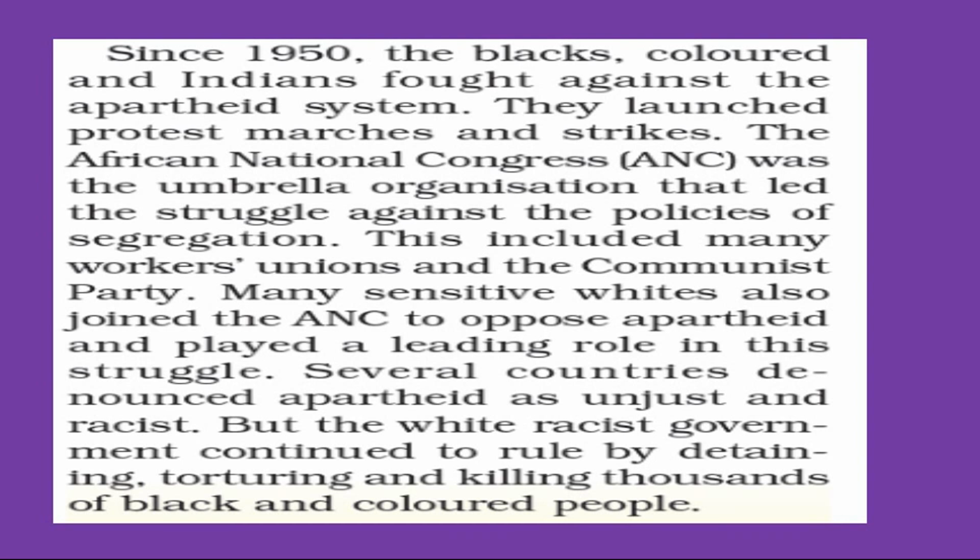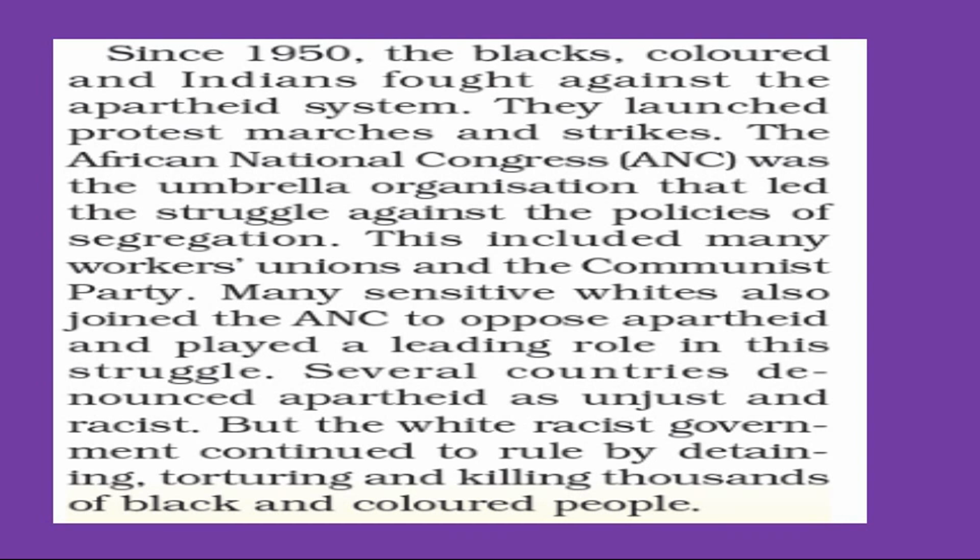This included many workers' unions and the Communist Party. Many sensitive whites also joined the African National Congress to oppose apartheid policy and played a leading role in this struggle.